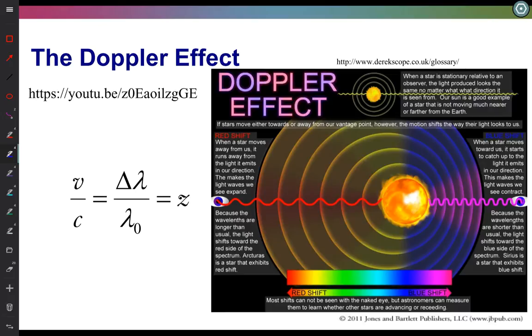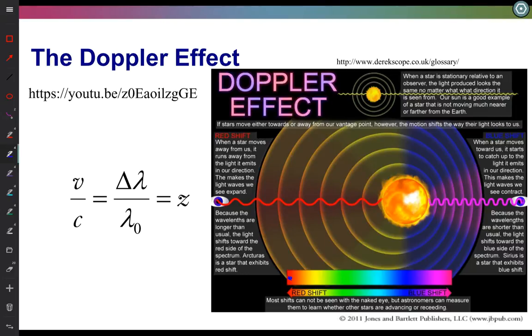And so the Doppler shift says if something is coming towards you, the frequency is shifted to a higher frequency. If something's going away from you, it's shifted to a lower frequency. Now, if we look at the spectrum of light, as shown here, red is on the low frequency side. So if something's moving away from you, the colors are all shifted to lower frequency, shifted toward red.